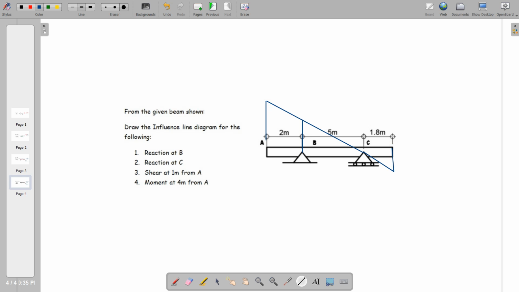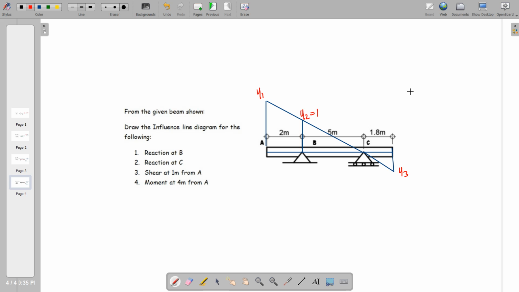Okay, so this is the influence line. See, this is y1, y2 equivalent to 1. See, this is y3.